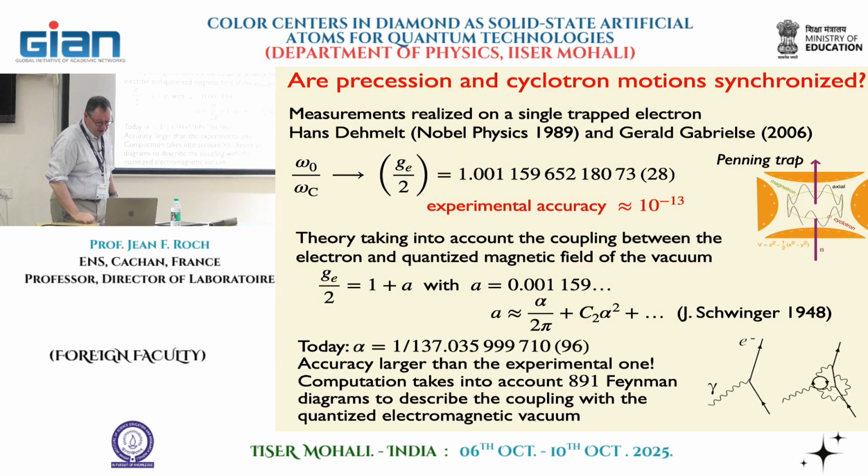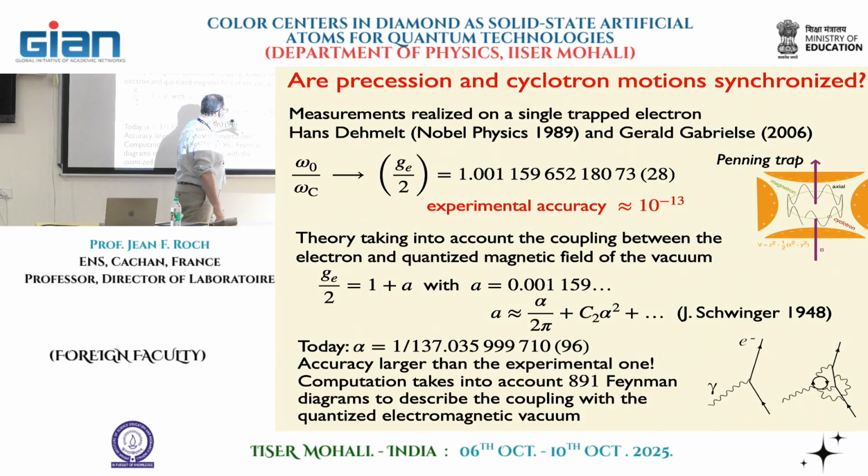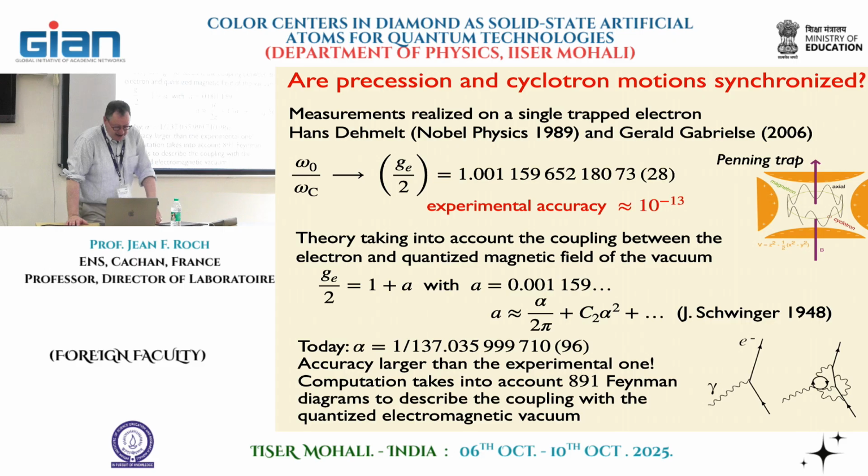And Feynman introduced what are now known as the Feynman diagrams to get pictures of how to do this development, and today this is a way to determine the fine structure constant, using this calculation with this value.